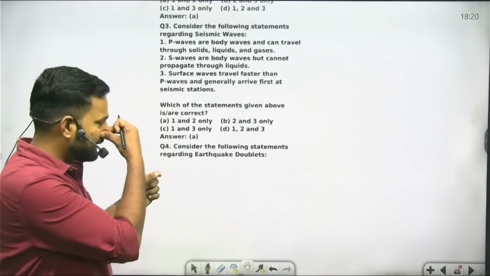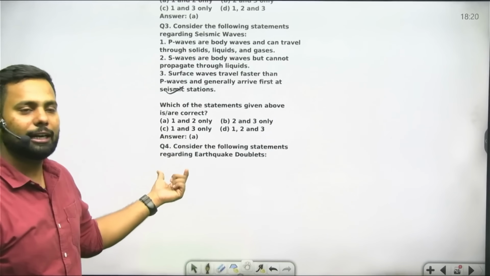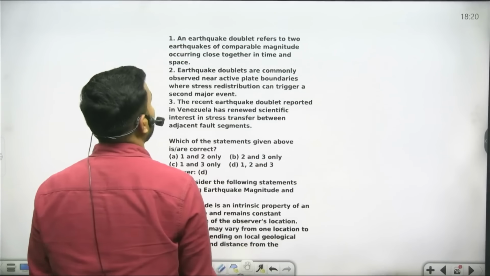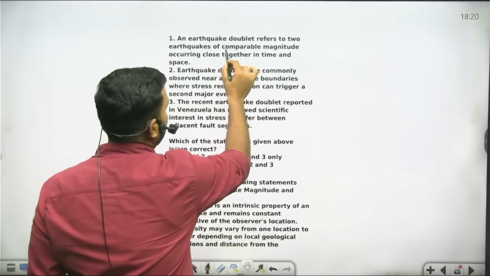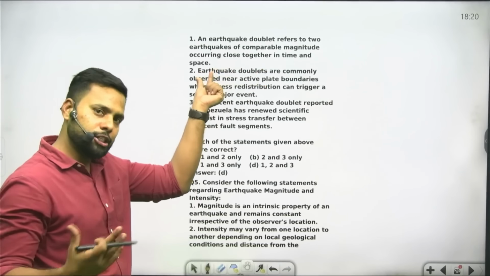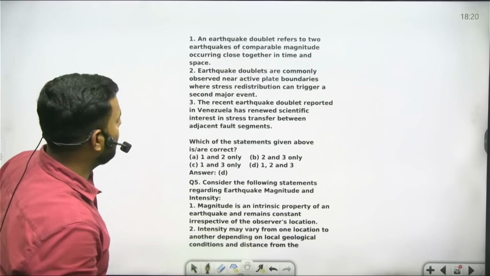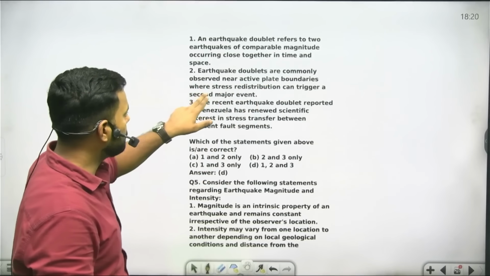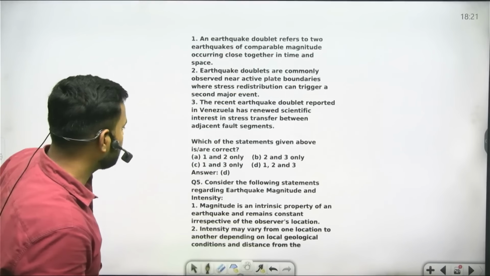Theek, next dekhte hain. Consider the following statement regarding the earthquake doublet. Ye bhi le liya bhai, last question bhi zara dekho. Earthquake doublet refers to the two earthquakes of comparable magnitude occurring close together in time and space. Bilkul sahi baat hai. Second, earthquake doublets are commonly observed near active plate boundaries where stress redistribution can trigger a second major event.